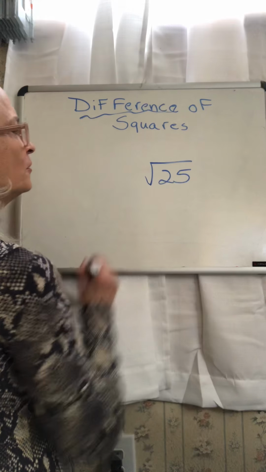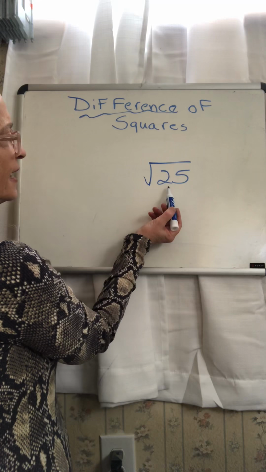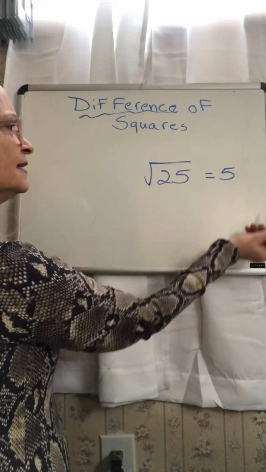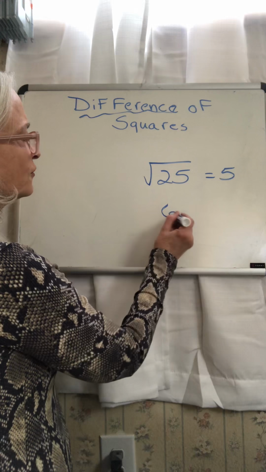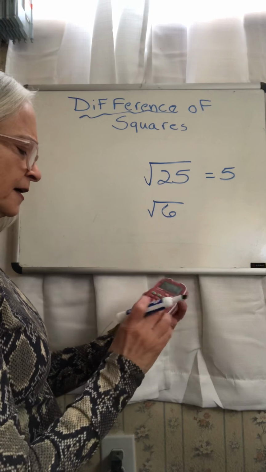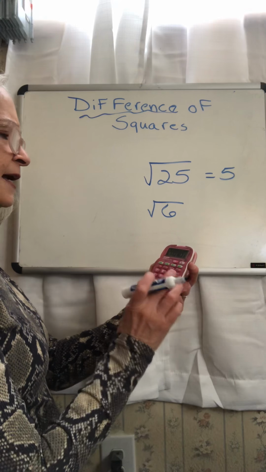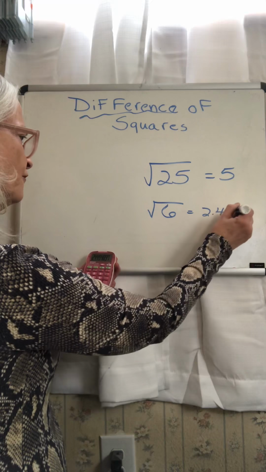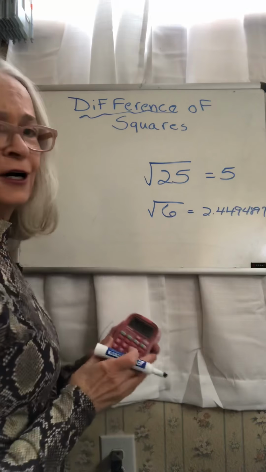Okay, so again, looking at that sheet, you have several radical signs with square roots, and they're called perfect square roots because I can just say the square root of 25 is equal to 5, and it doesn't end up with some decimal. So for instance, if you were looking for the square root of 6, so again with your calculator, use the number 6 and then push your radical sign, and you can see that you end up with 2.4494897, and it goes on, right?